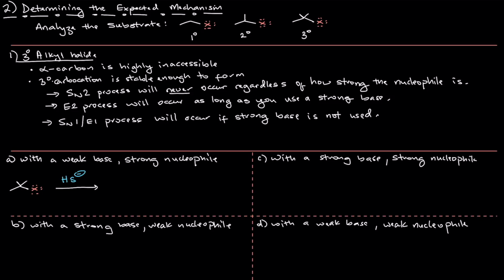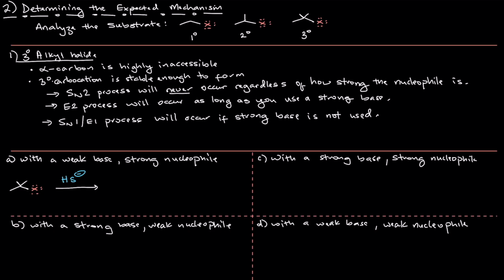Okay, so this time we're going to try to react a tertiary alkyl halide with a weak base, strong nucleophile. So let's think about this. We can't go through an SN2 process because the tertiary alkyl halide alpha carbon is highly inaccessible. You cannot go through an E2 process because you're dealing with a weak base.